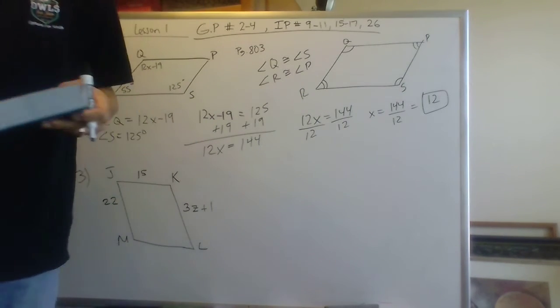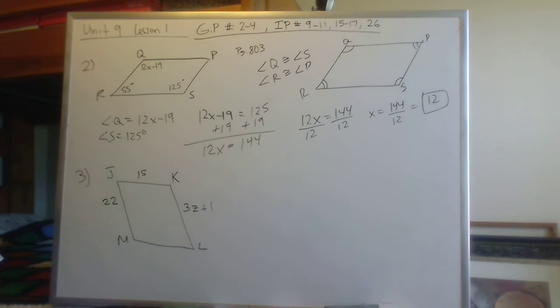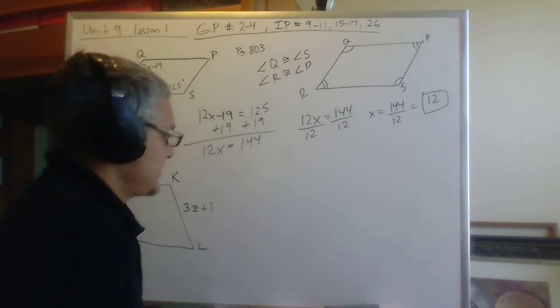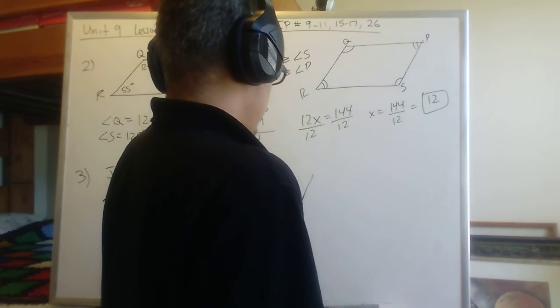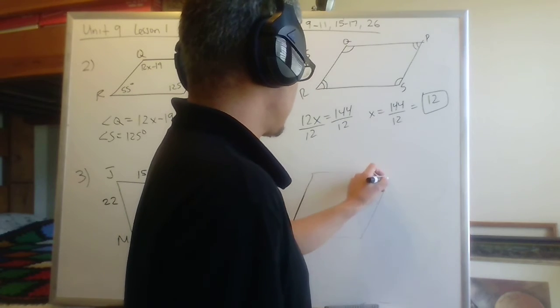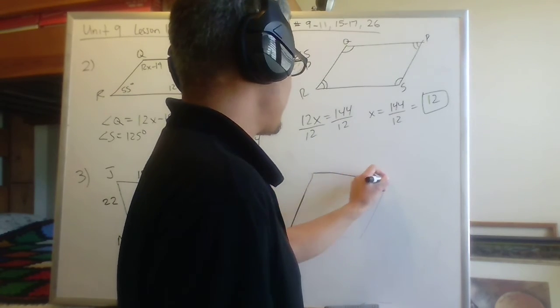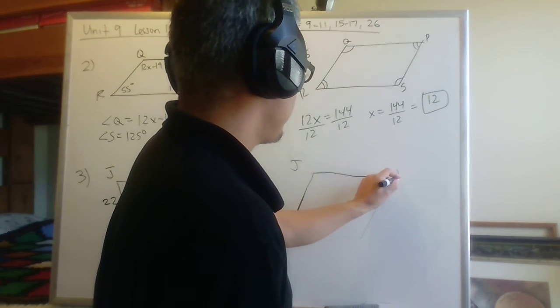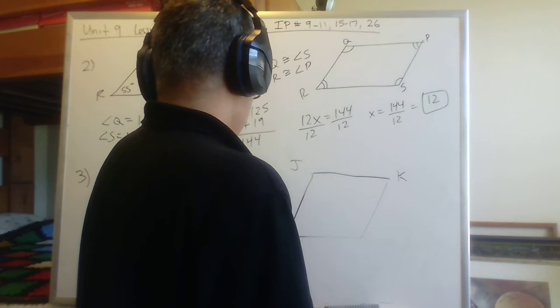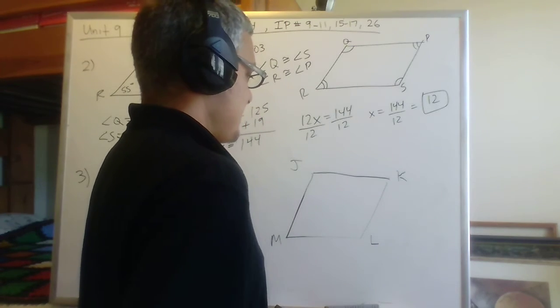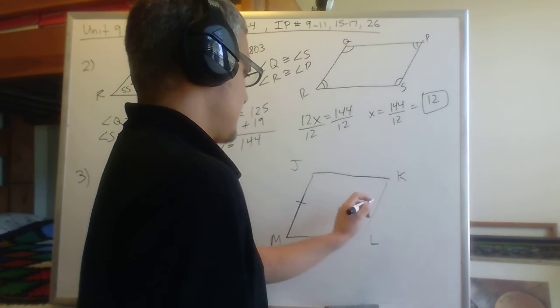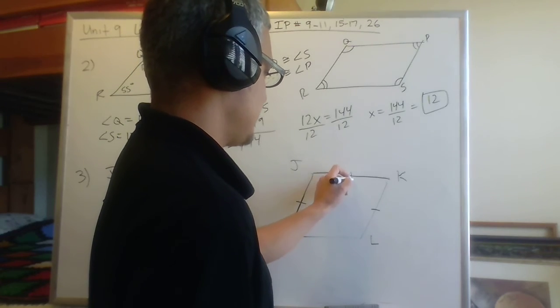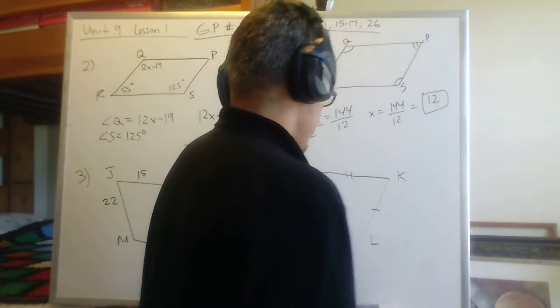So this brings us to another theorem of parallelograms from page 803 that I want you to pay close attention to. So essentially, if we have another parallelogram, and I'm just going to label it the same as the one we're looking at, so I'll just say J, K, M, and L. We have a theorem that says that the opposite sides of a parallelogram are congruent.